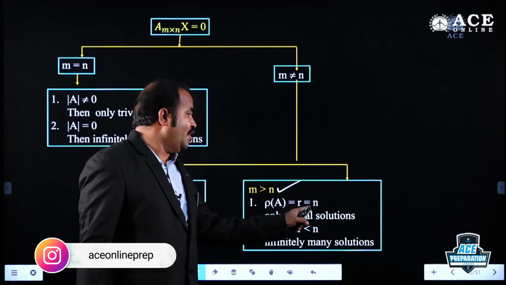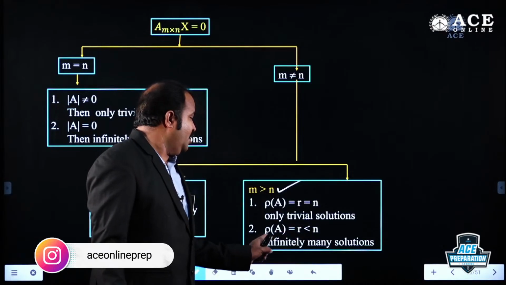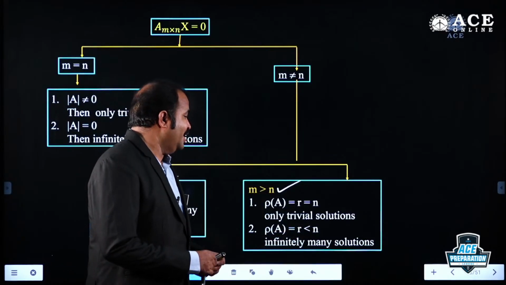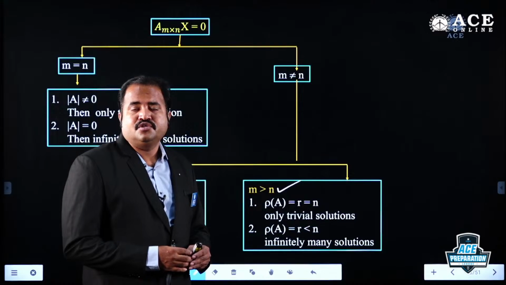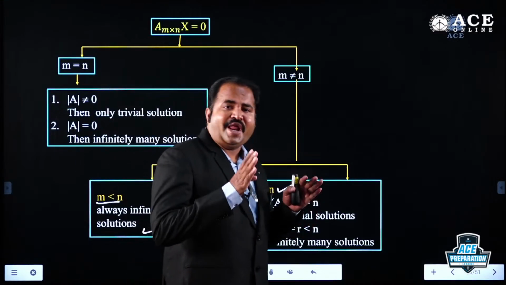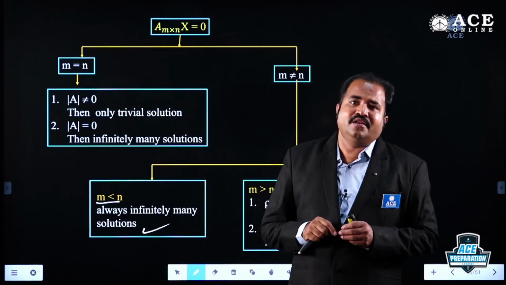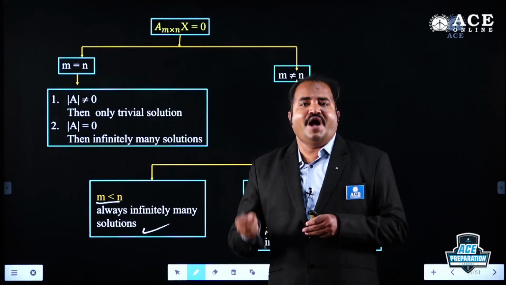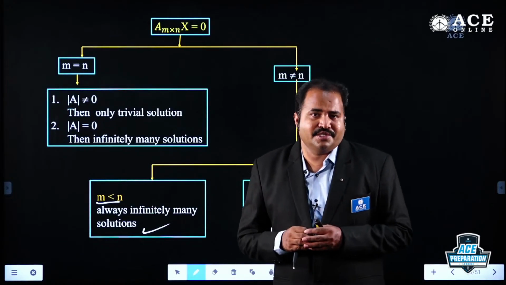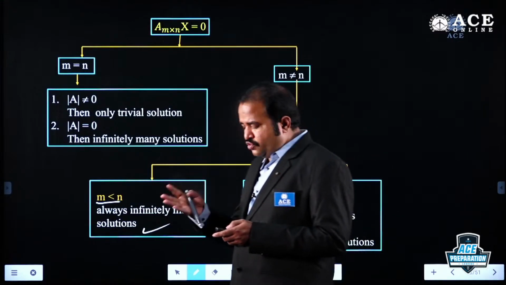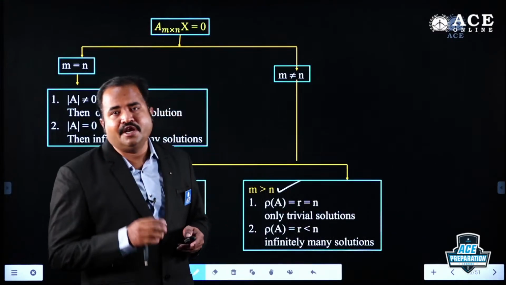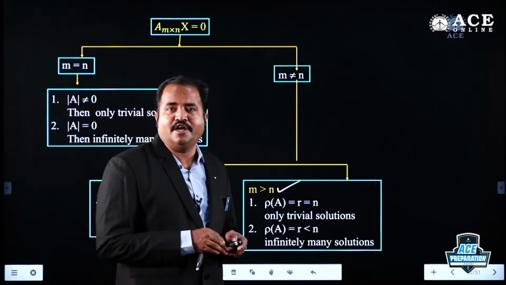If rank of A equals R equals n, then only the trivial solution. If rank of A equals R less than n, then infinitely many solutions. So finally we conclude that if rank of A equals R equals n, only the trivial solution. If R is less than n, infinitely many solutions exist. Out of infinitely many solutions, few are linearly independent. How many solutions are linearly independent?